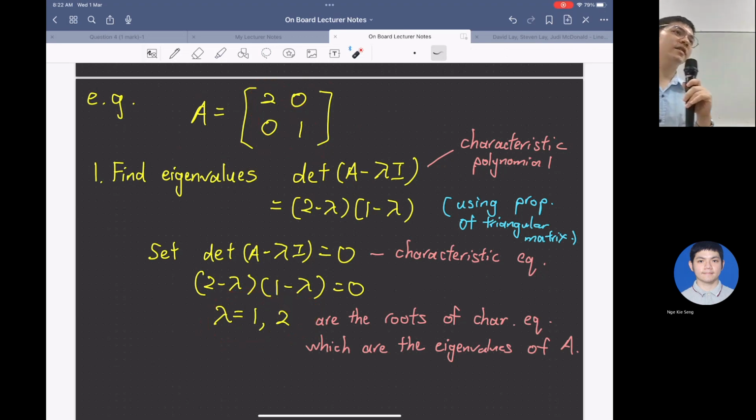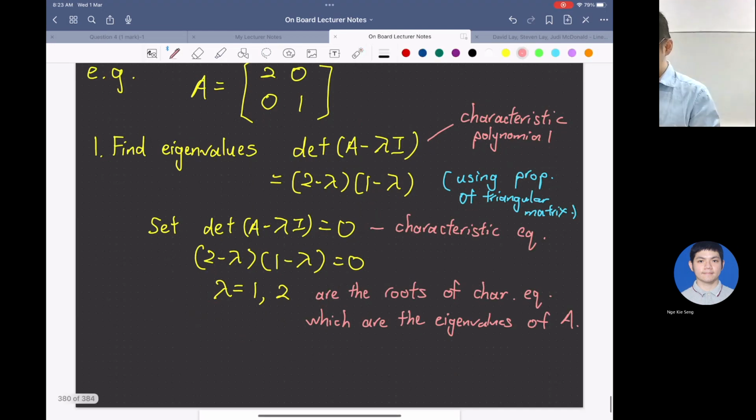Since you have a diagonal matrix, the diagonal entries form the eigenvalues. After that, we will find the eigenspace for each lambda.